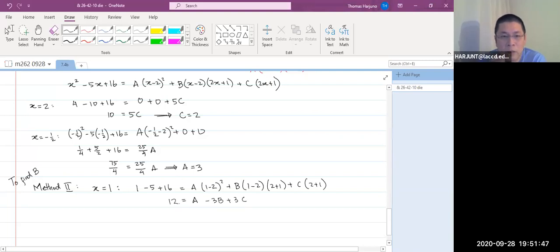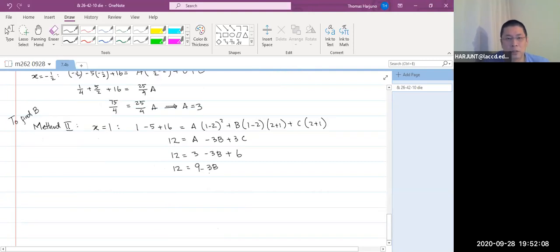And the left hand side, that's 12. Now, at the same time, we know a is 3 and c is 2, right? So 12 equals 9 minus 3b. So b, therefore, is negative 1.